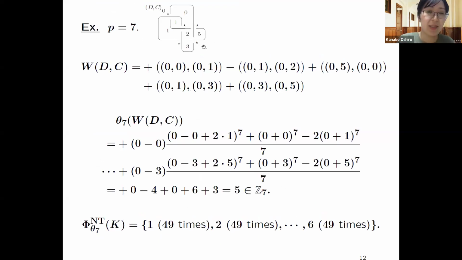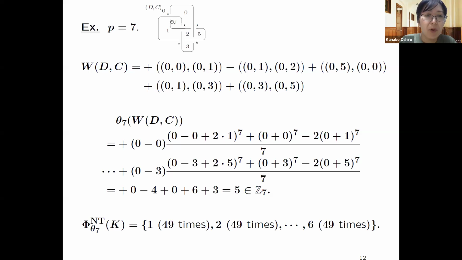So let's see this example. Let's see the case when P is equal to 7. And this is our Dehn 7-colored diagram, non-trivially colored.